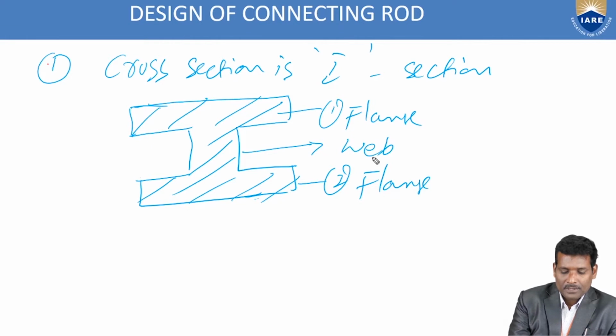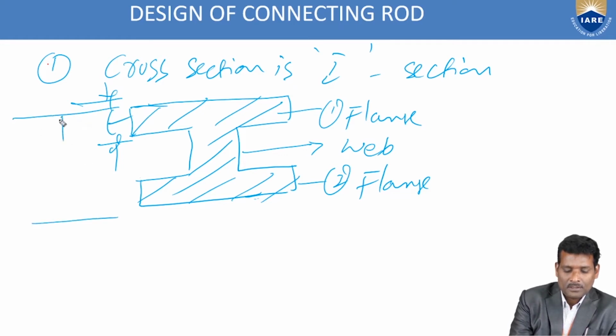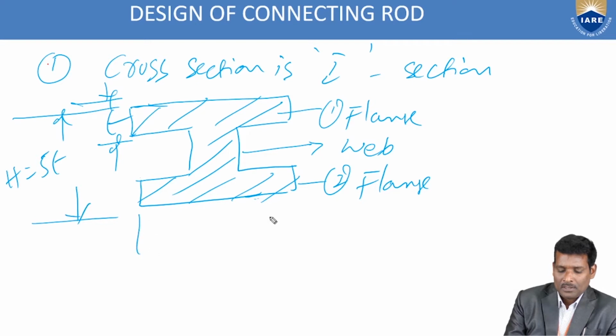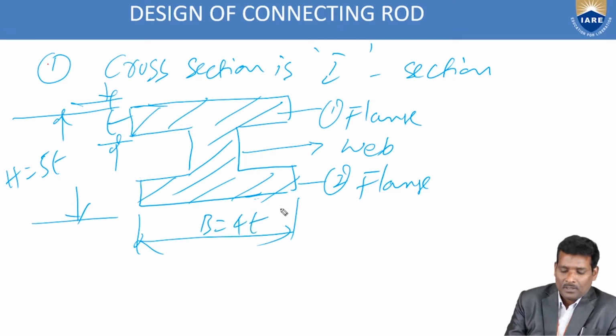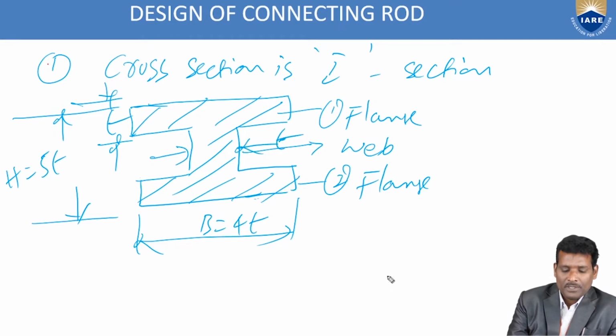What are the dimensions here? Small t is the thickness of the web, and capital H is the depth of the I section. The width of the section is capital B, that is 40. The depth of the web, small h, is 3t.